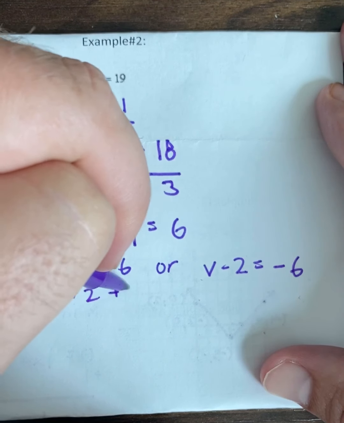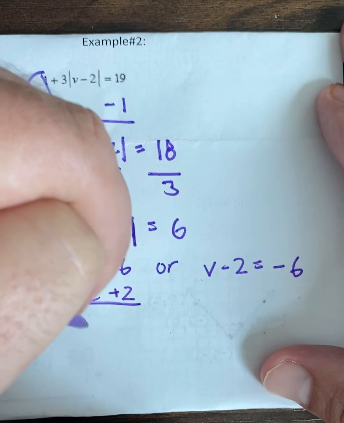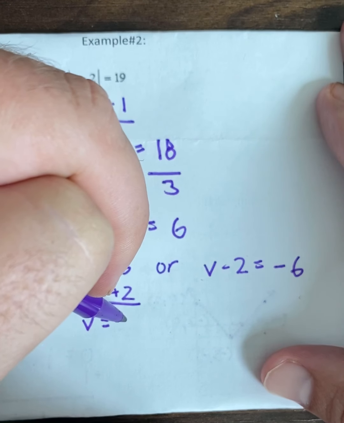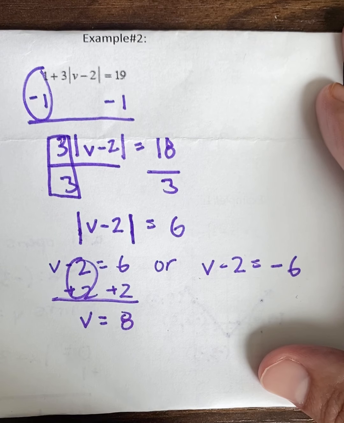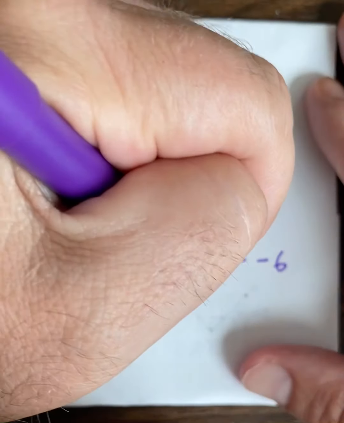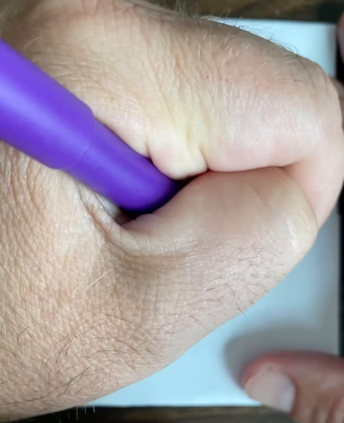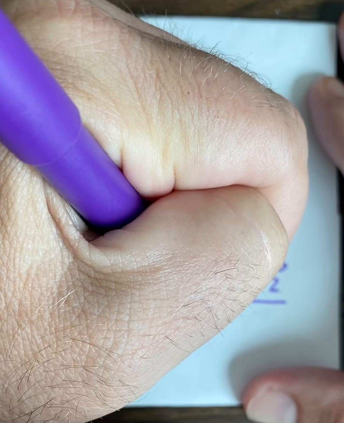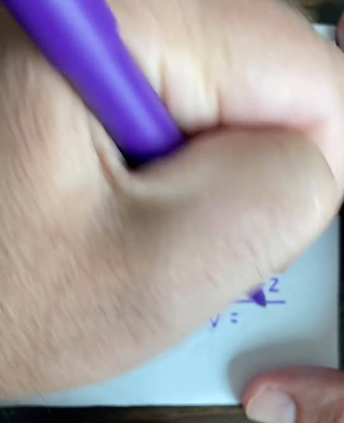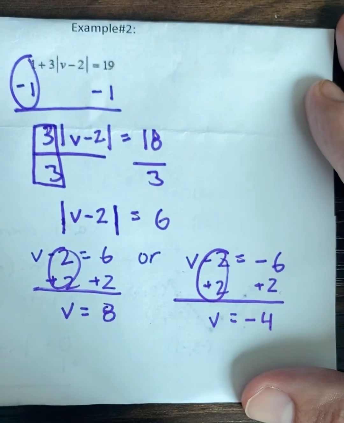And then add 2 to both sides. We get v is equal to 8. Add 2 to both sides over here. v equals -4.